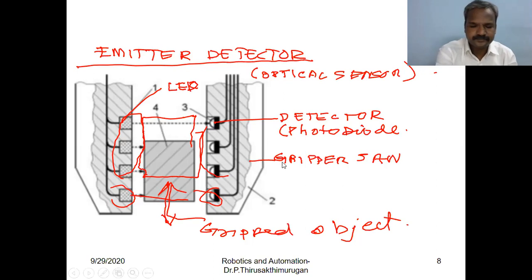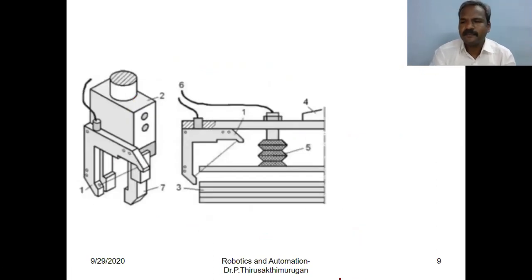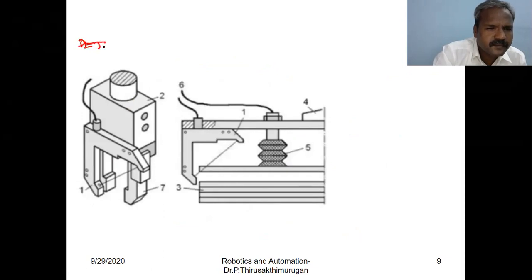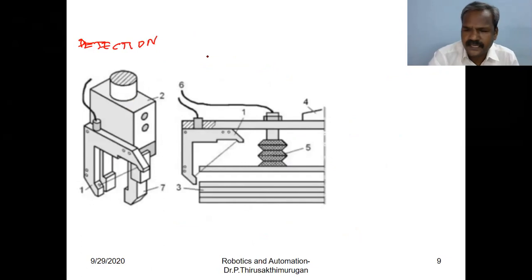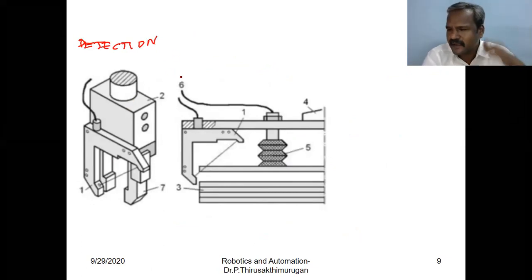Next is the typical detection of an object with a diagonal barrier. The diagonal signal is based on the light signal. This setup is mainly for detection of an object with a diagonal light barrier.